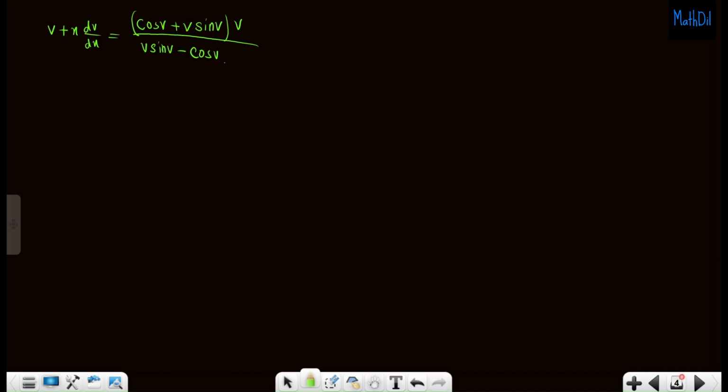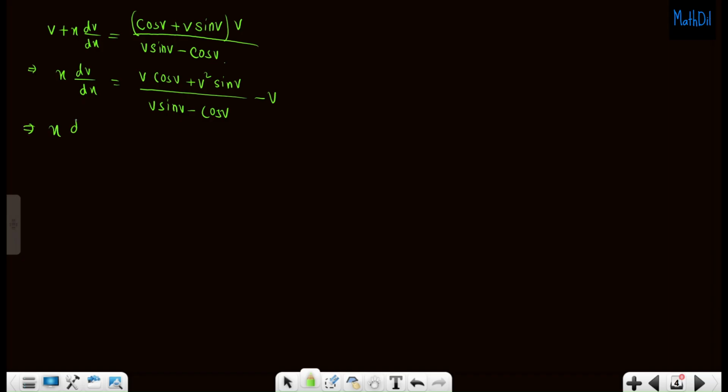So can we simplify it more? Yes, we can simplify. How? Take this v to this side, right? And then see what happens. It will be x dv by dx will be equal to v cos v, take this v inside, plus v square sin v, upon v sin v minus cos v, and this v will be here minus v, right?